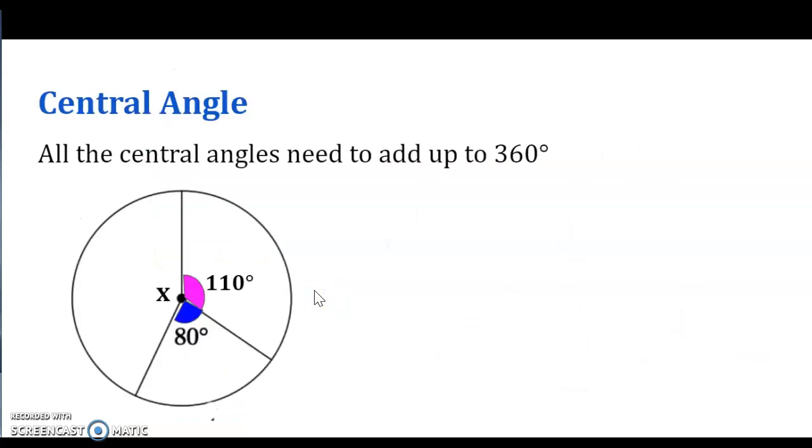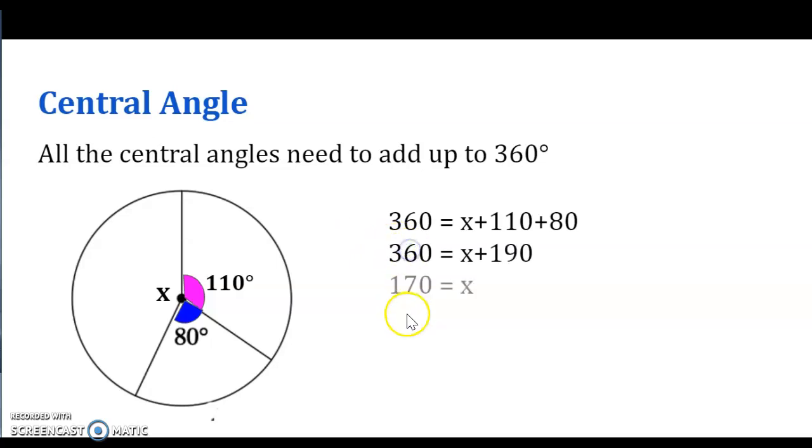Now, the thing about central angles is that they always need to add up to 360 degrees. Why? Because that's the definition of a full revolution. A full revolution is 360 degrees, so 80 plus 110 plus x degrees needs to add up to 360. So you add those up and you get x to be 170 degrees.